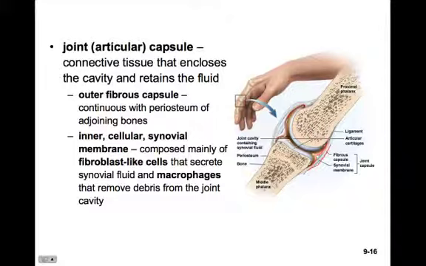Through using our joints in practices like yoga, where we increase the range of motion, we can actually stimulate this inner cellular membrane to secrete more synovial fluid and stimulate the macrophages to remove more debris from the joint. This is why it's so important to keep the joints with a solid working range of motion.